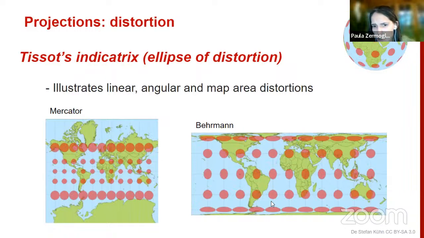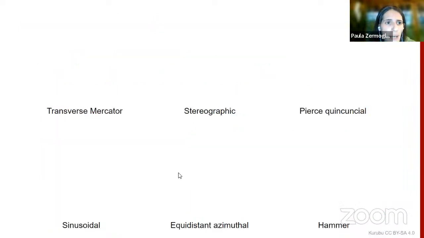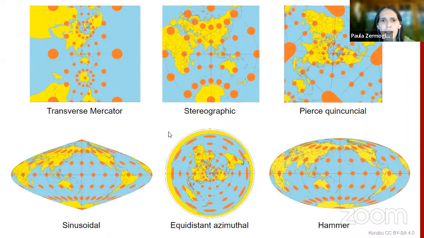This is another projection, and you see that at different latitudes we have different distortions in latitude and longitude than in other places. This is going to be important to keep in mind. Just to show you some other examples, these are other projections and their corresponding Tissot indicatrixes of distortion.